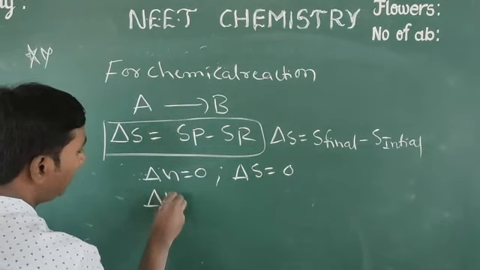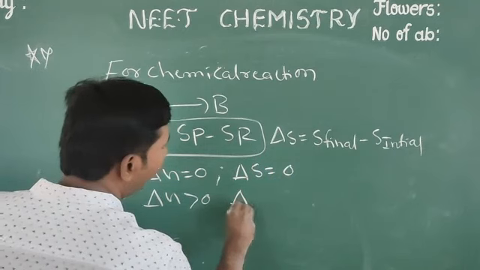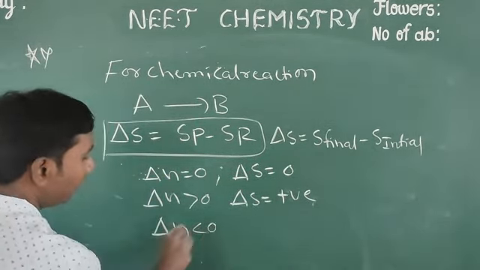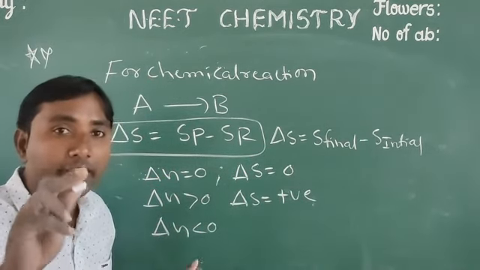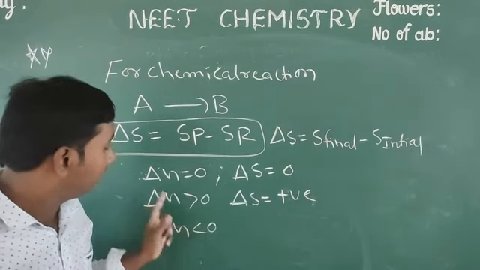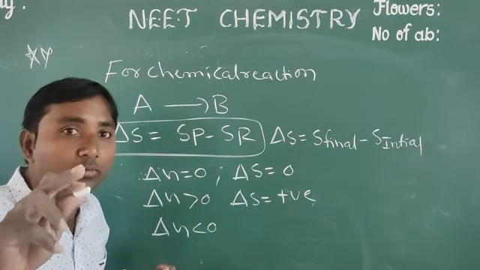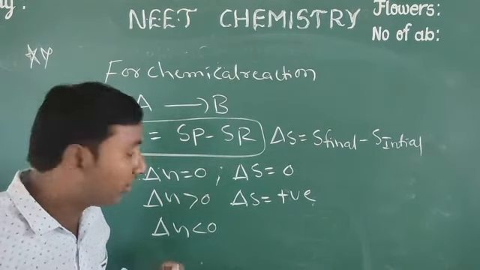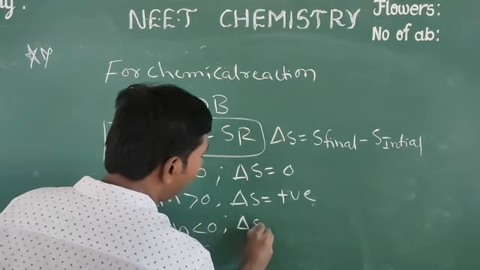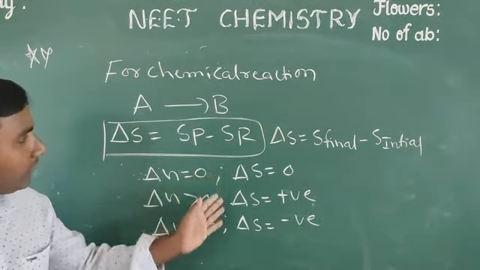If del n is greater than 0, the number of moles of product is more than reactant, and entropy change is positive. If del n is less than 0, the number of reactant molecules is more than product, and del S is negative.